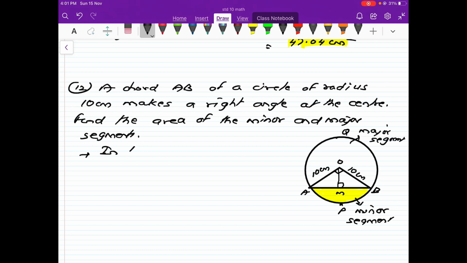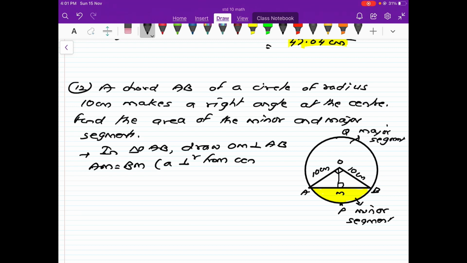In triangle OAB, draw OM perpendicular to AB. So we will get AM is equal to BM, because a perpendicular from the center to a chord bisects the chord.